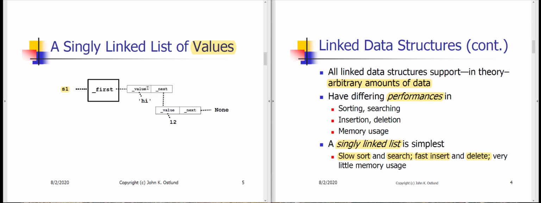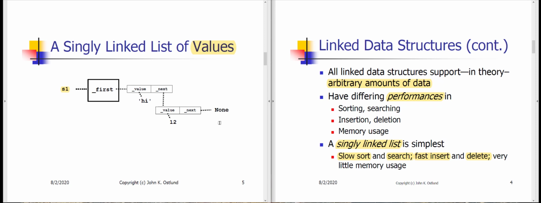The first data attribute is called _value, and for this first node, the _value refers to the str object, the string object "hi", and the next data attribute, _next, I should be explicit about that, refers to the next node. Okay? That next node's _value is 12, and that next node's _next is None.